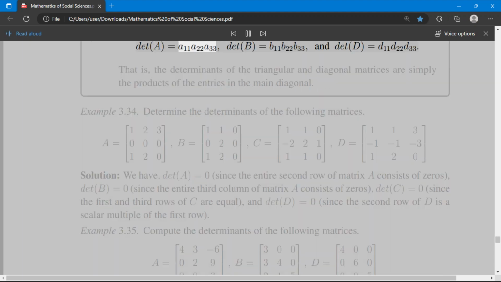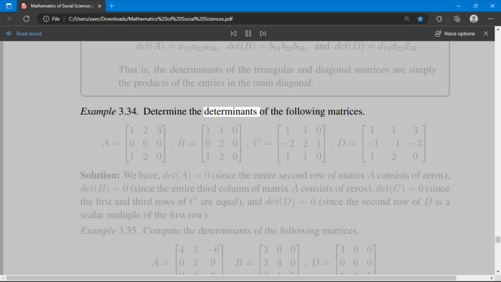Then det A equals a11 a22 a33, det B equals b11 b22 b33, and det D equals d11 d22 d33. That is, the determinants of the triangular and diagonal matrices are simply the products of the entries in the main diagonal.